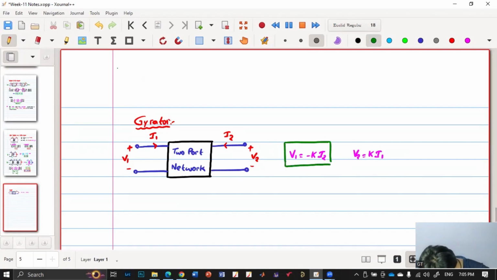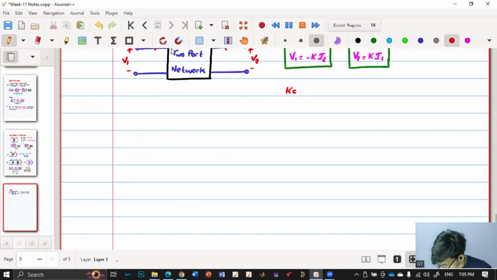Here K is called the gyrator constant or gyrator resistance, because K has the dimension of a resistance.